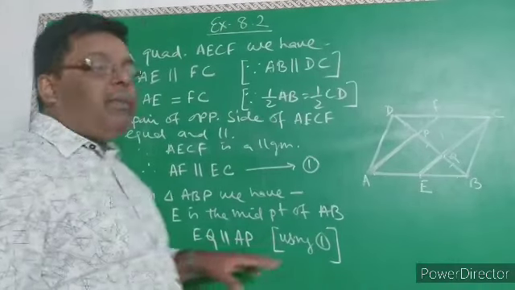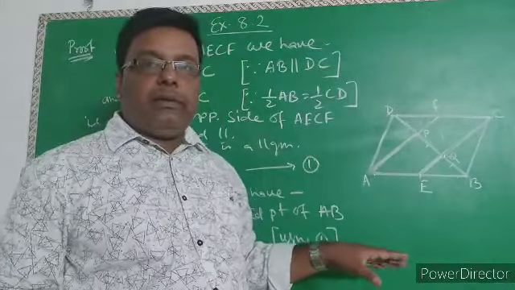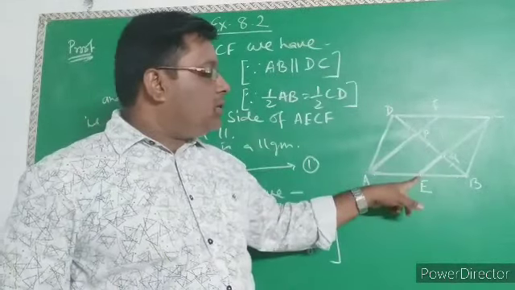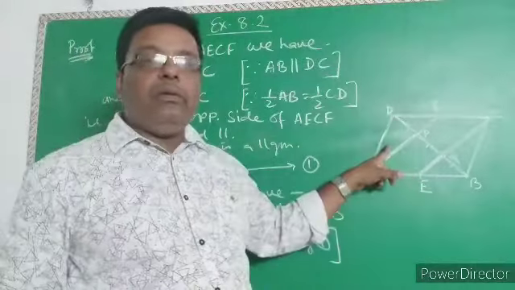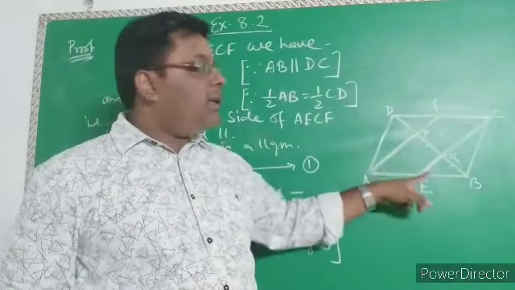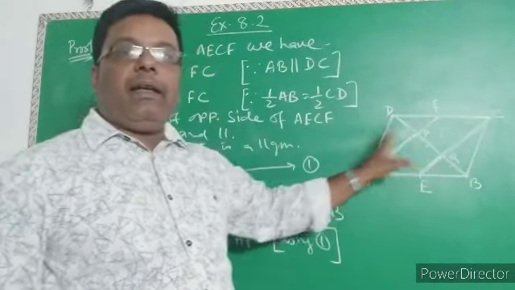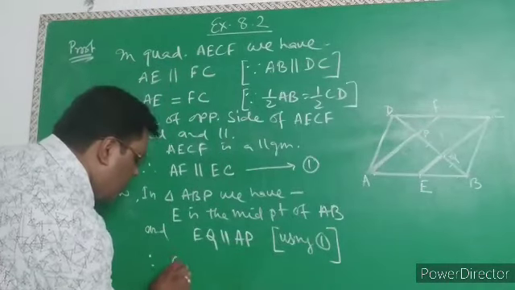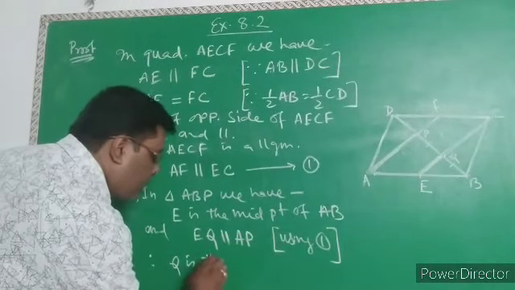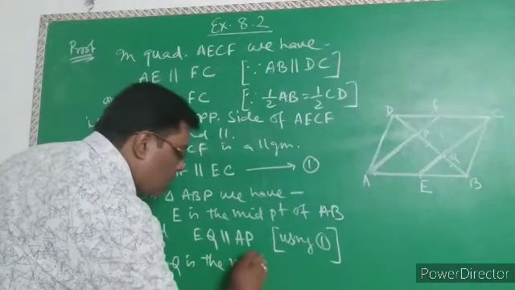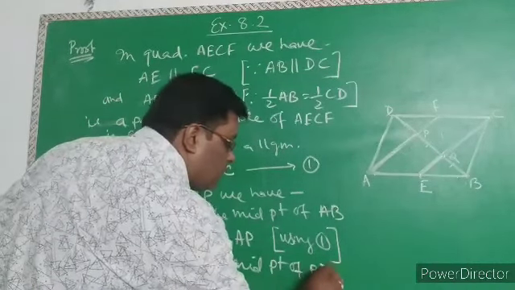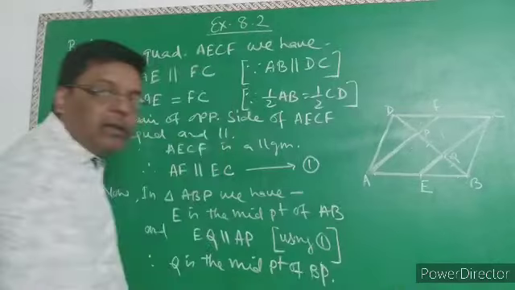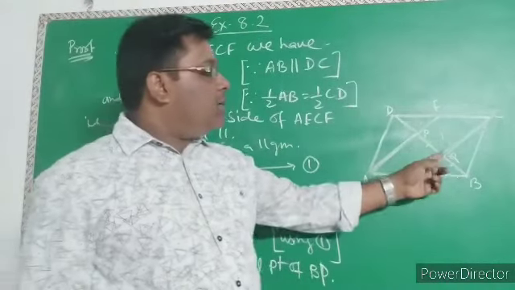Therefore, by theorem 8.10, if a line segment passes through the midpoint of one side of a triangle and is parallel to another side, then it also bisects the third side. Therefore, Q is the midpoint of BP.